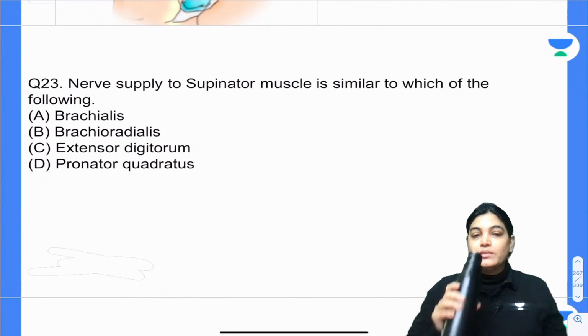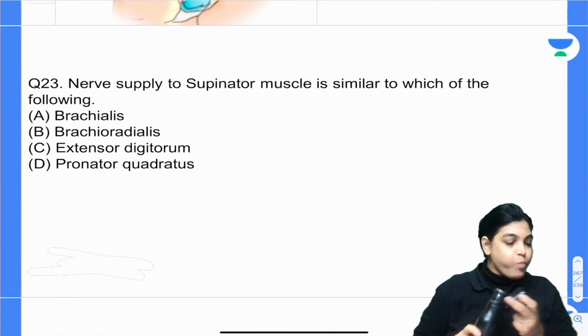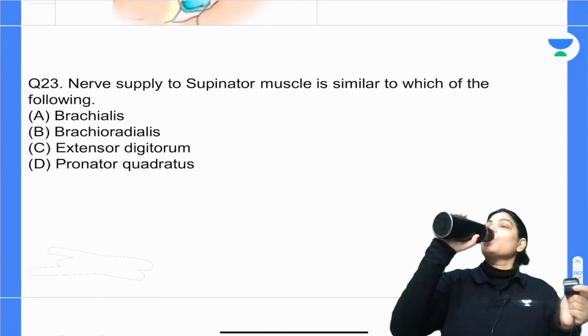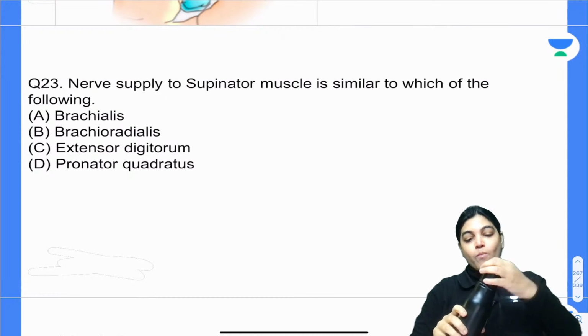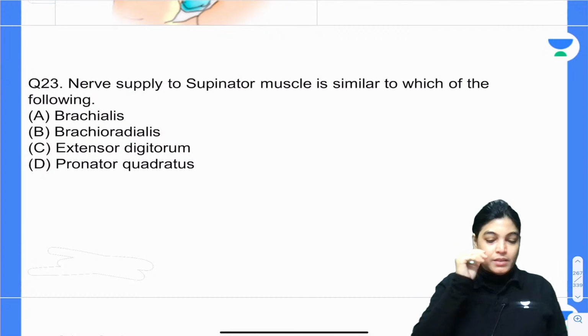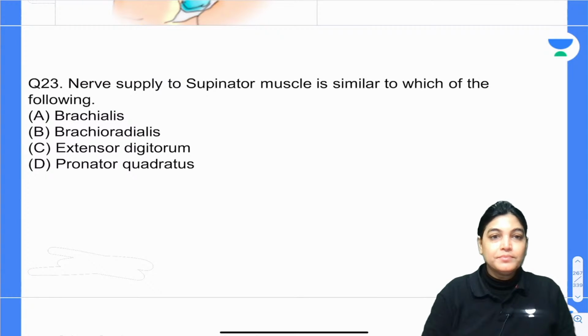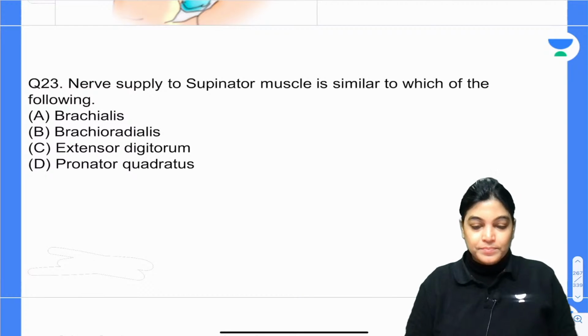So which is the correct one? Nerve supply of supinator muscle is similar to which of the following? Your time starts now. Please mark the correct answer.